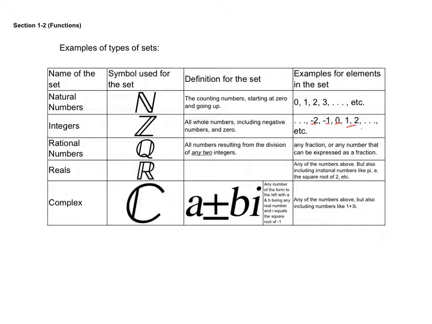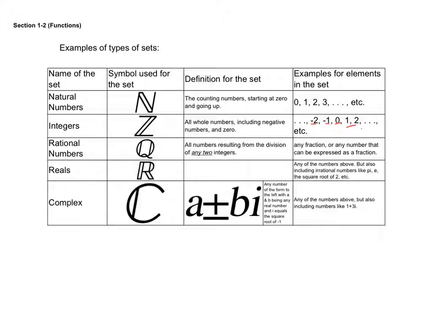The third set is the set of rational numbers. Rational numbers are numbers that are resulting from any division of any 2 integers. So if you got an integer divided by an integer, that is a rational number.